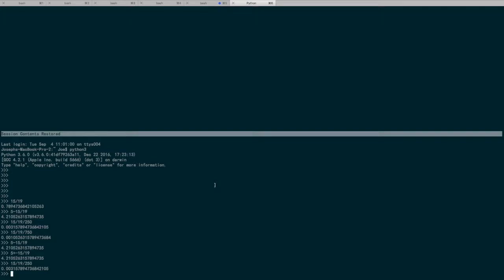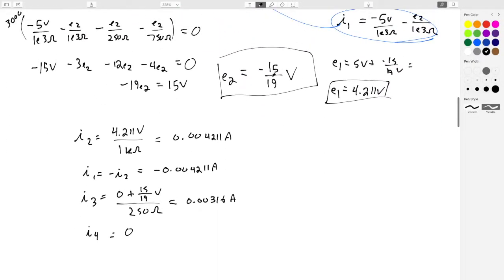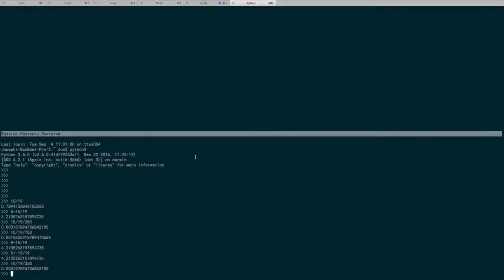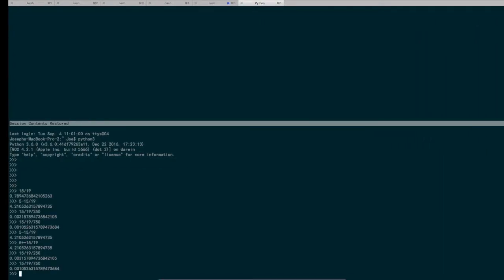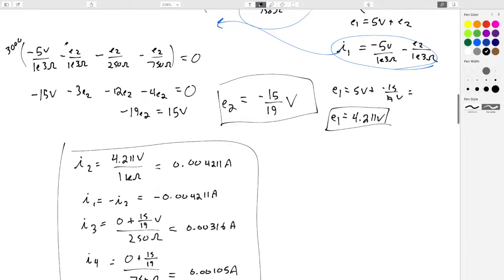I don't even know. Let's do 0.0032 amps. I4, same sort of deal. 0 minus negative 15 over 19, so plus 15 over 19 over 750 ohms equals 0.00105. Okay, so we got all of our currents right here and our two node voltages.